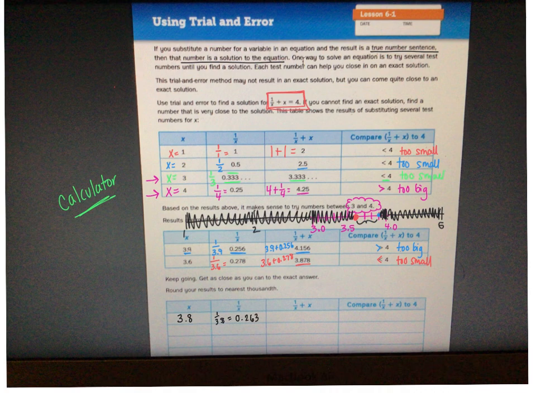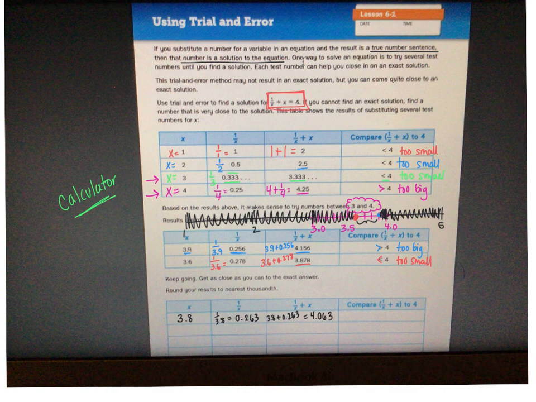When I add 3 and 8/10, which is my x, and 263 thousandths, I get an answer of 4 and 0.63.